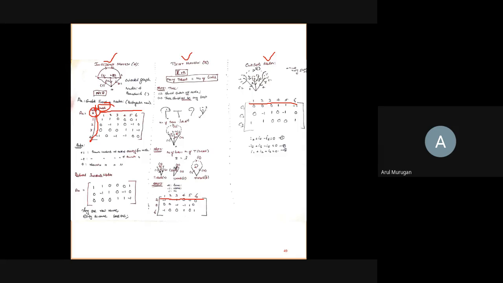How many nodes are there in your circuit? 1, 2, 3, 4 nodes. You can name them A, B, C, D. So node versus branch is called the incidence matrix.